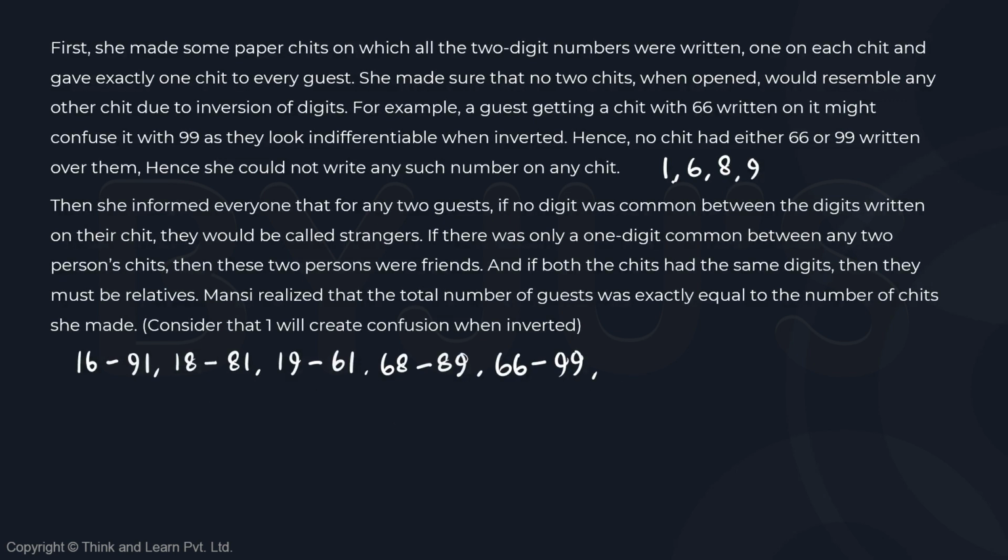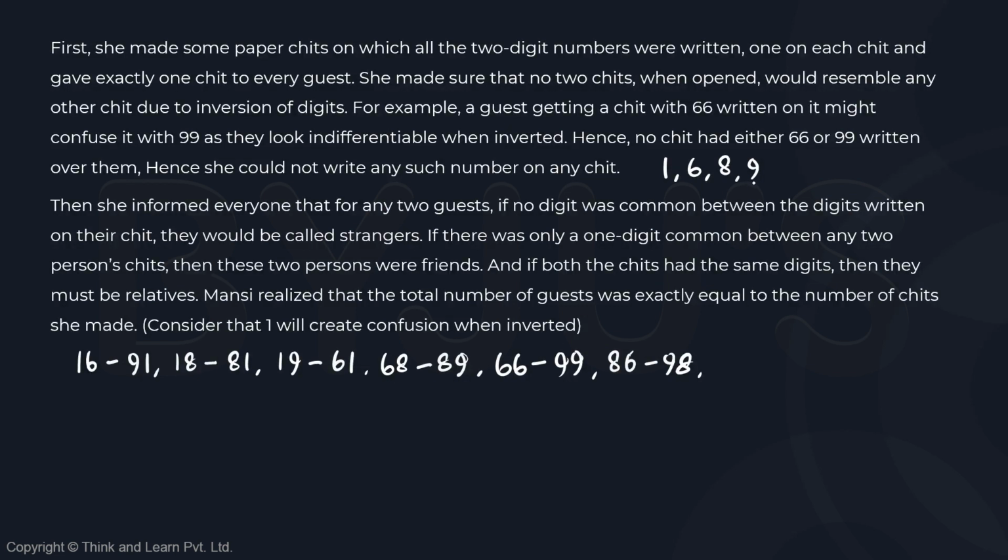We can't write 81 because it looks like 18. 81 is already included. We can't write 86 because 86 will look like 98 when inverted. 88 when inverted will look like 88, so that's not an issue. Next is 89. 89 will look like 68, which we have already written.